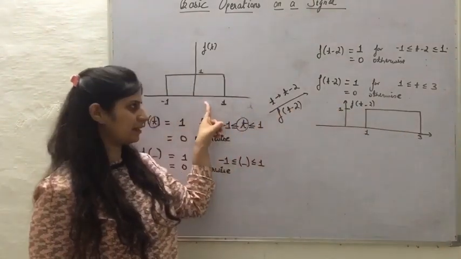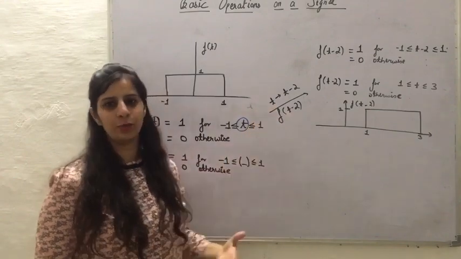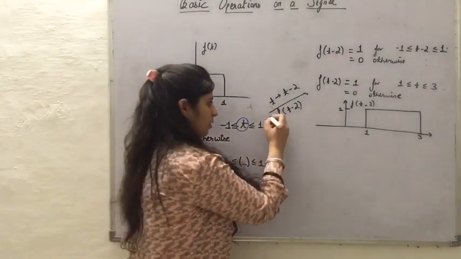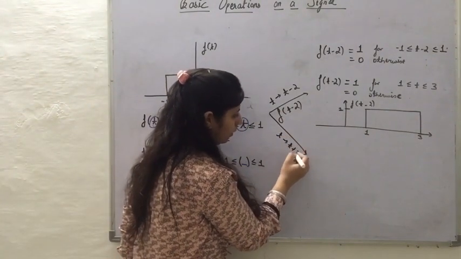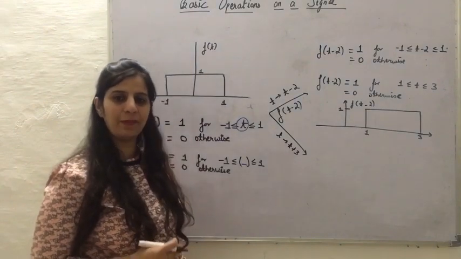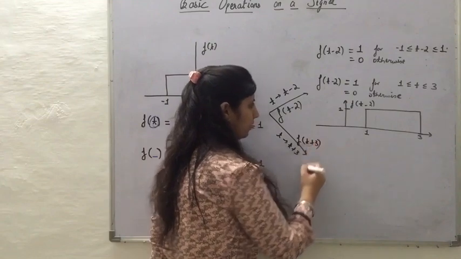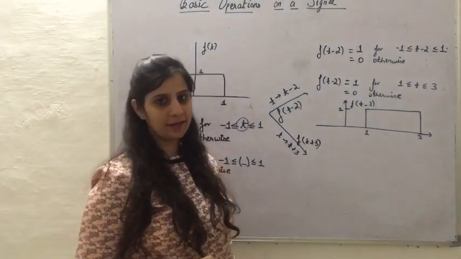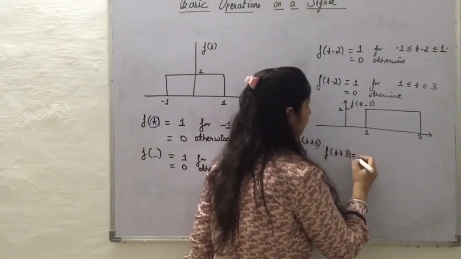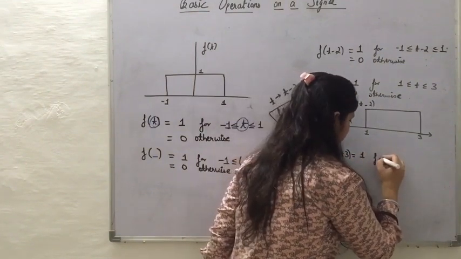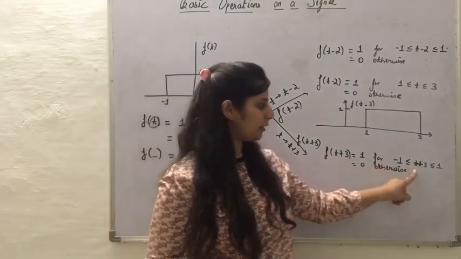The other operation on this signal could be when t changes to t plus 3. So the signal that we will now have will be f t plus 3. So it is f t plus 3, and it will be further written as, I have changed it to t plus 3. T plus 3 here and t plus 3 here.